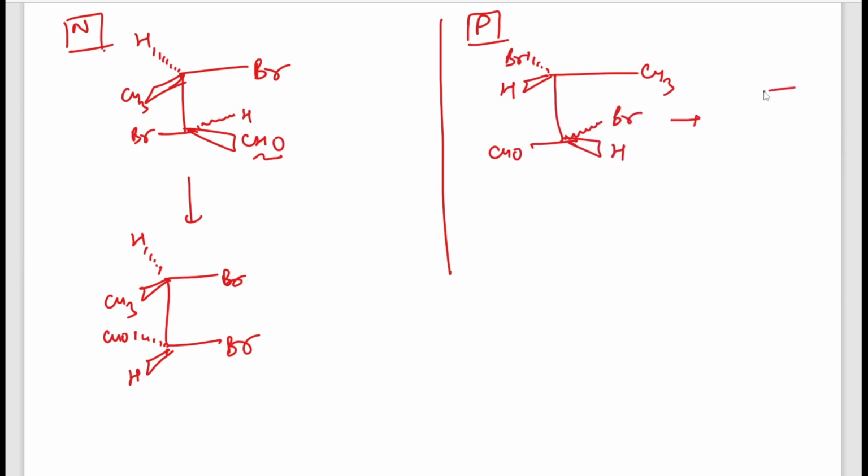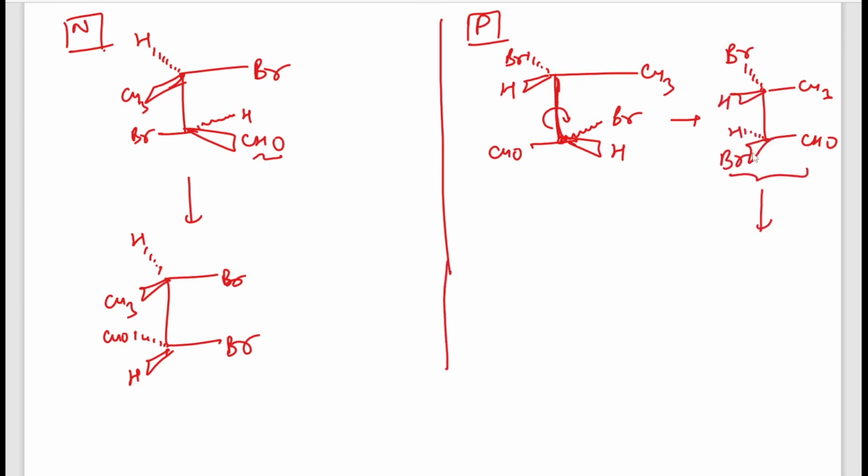After rotation of this carbon, this bond, okay, through 180, we will get this. Okay. So to compare the structures, we require bromine in the plane.